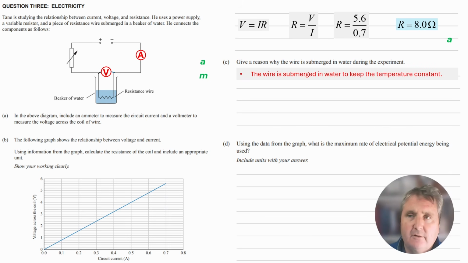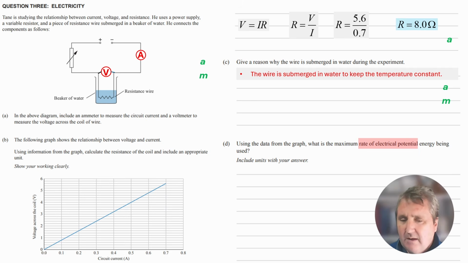Okay, so it's somewhere for the heat to be transferred to. And if you can write something about that down, they'll give you an achieved grade. So to get the achieved, you could say, hey, it's keeping it cooler. Keeping temperature constant, and a merit is also keeping the temperature of the coil cooler.